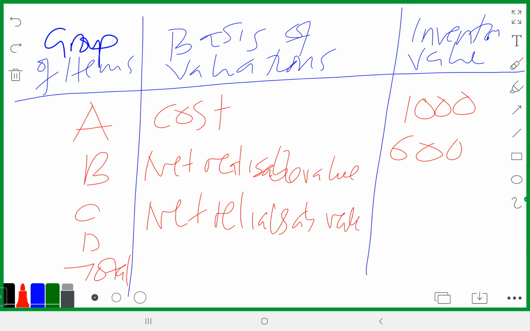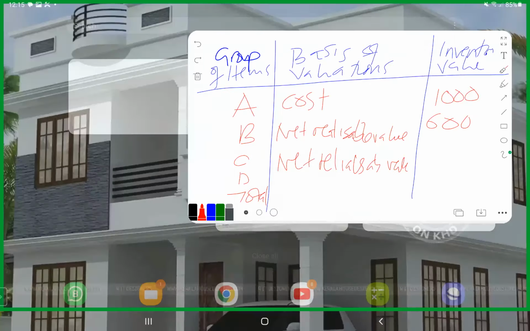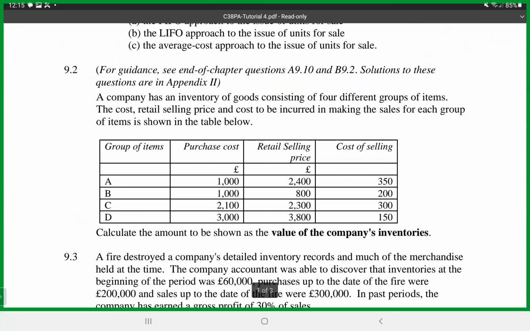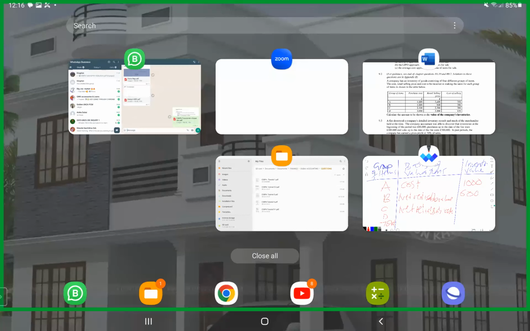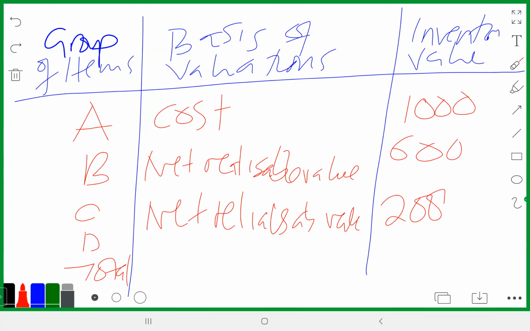For that case, we will do the same thing that we did for B. What do you get? 2,300 minus 300, which is 2,000. It is giving us 2,000. So you record 2,000 here.